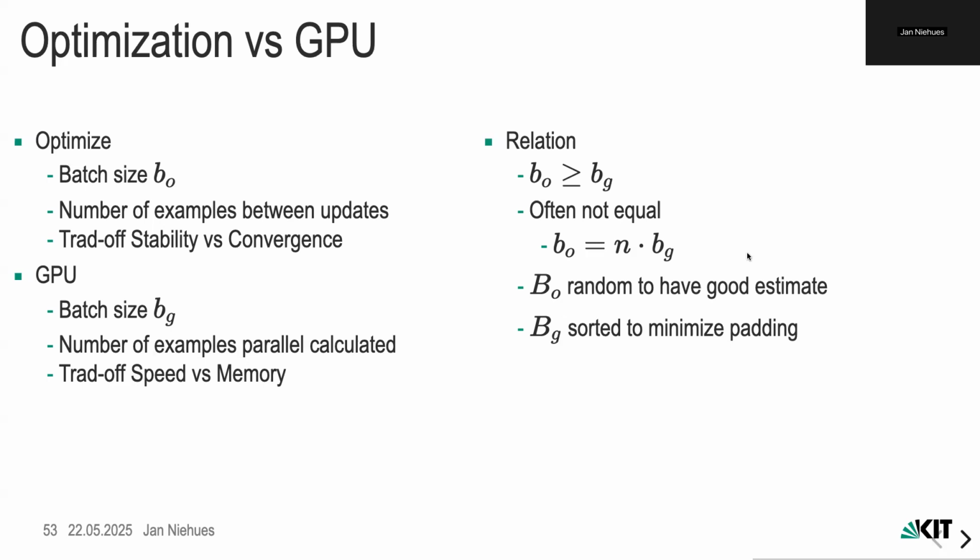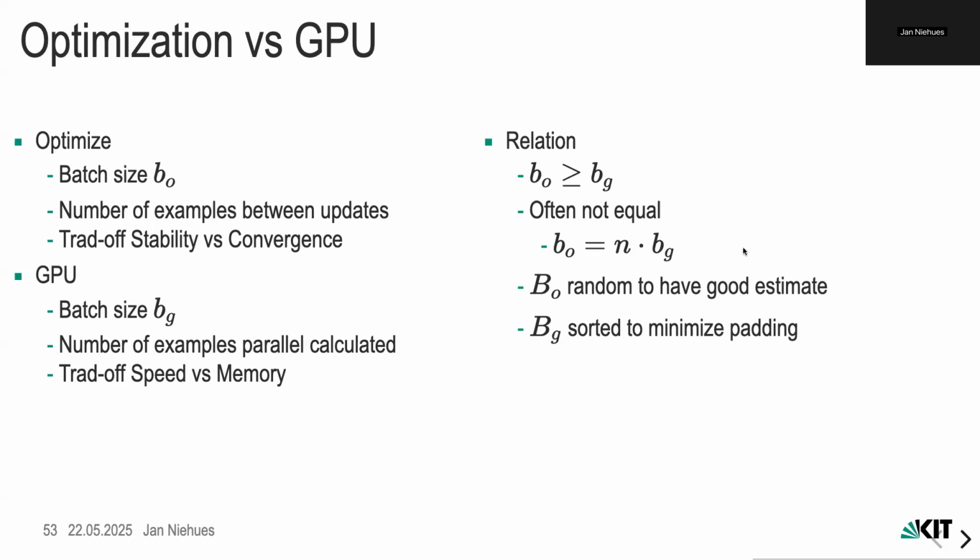And there was more the trade-off between, on the one hand, speed: the larger your batch size is, the larger normally also your speed is, but you have some restrictions on the memory. And first, of course, these are a bit independent. You don't have to do them the same.